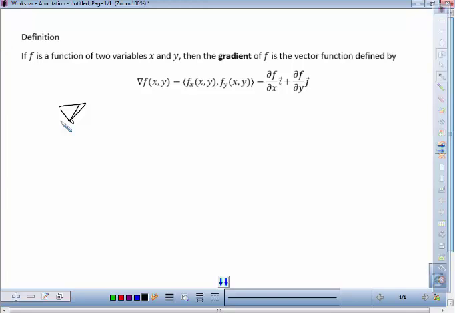This symbol is called nabla. And for some people, it might help if you throw an arrow on top, just so you can make sure that you understand that it is in fact a vector.